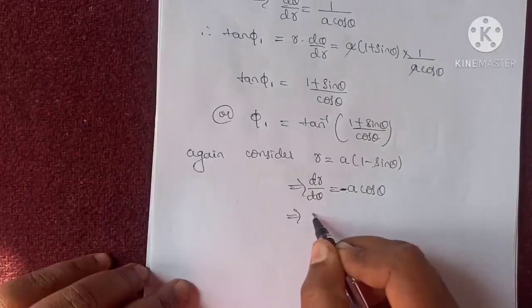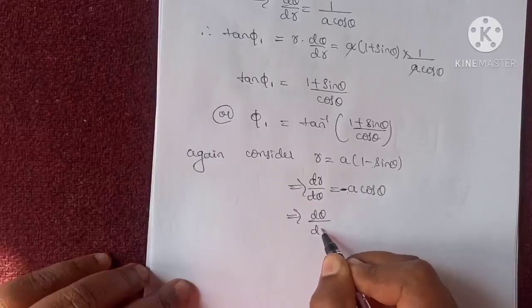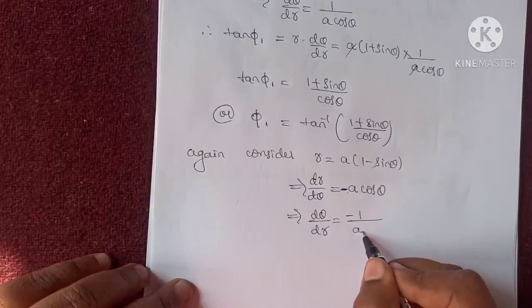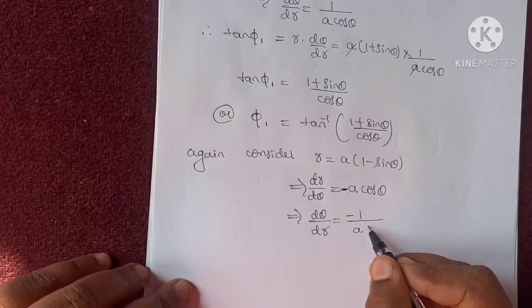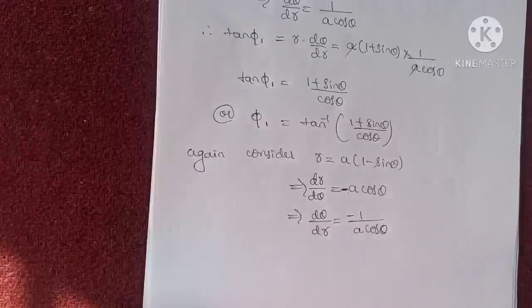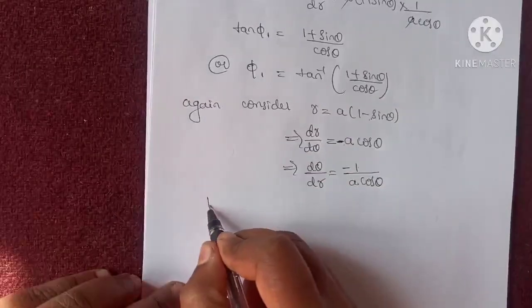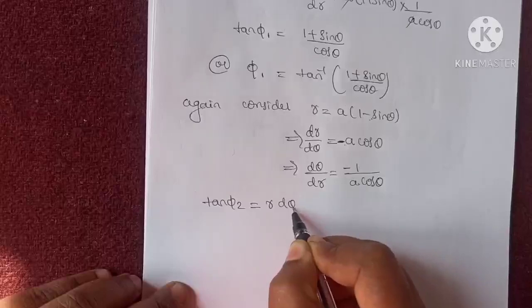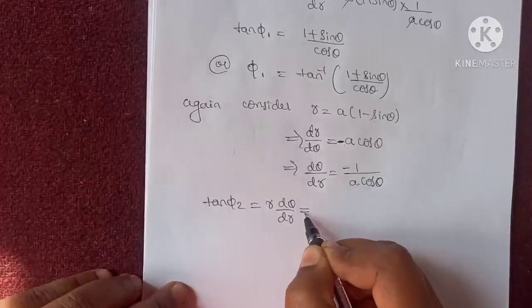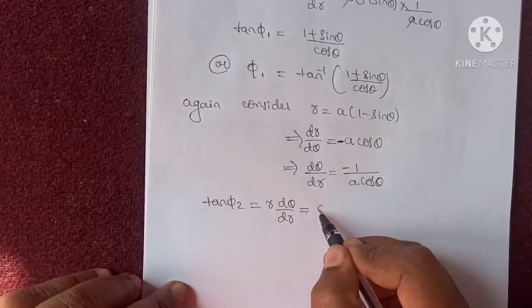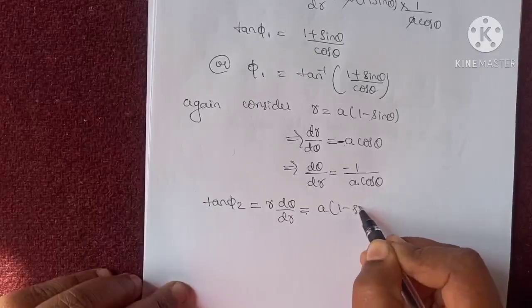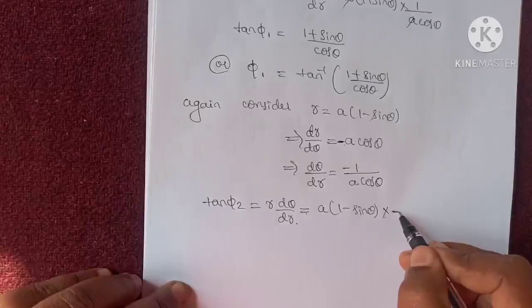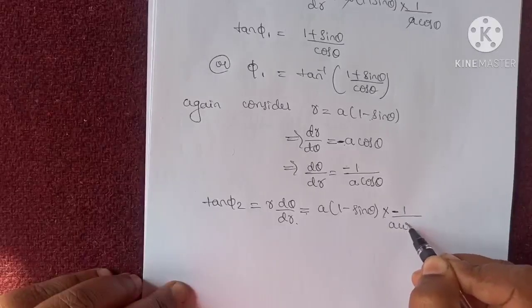Taking reciprocal, d theta by dr equals minus 1 divided by a cos theta. Therefore tan phi 2 equals r into d theta by dr, which equals a into 1 minus sin theta into minus 1 divided by a cos theta.